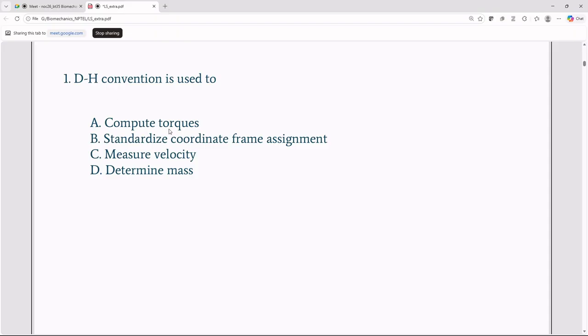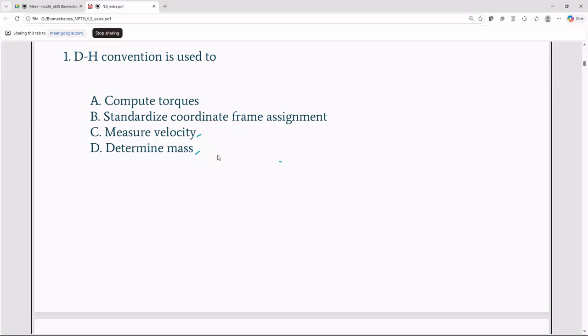Option A, to compute torques; option B, to standardize coordinate frame assignment; option C, measure velocities; option D, determine mass. You can inbox your answers.